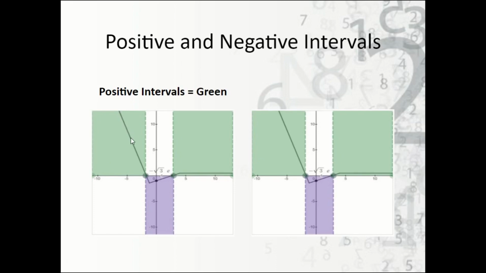Even though it's going downward, it's still above the x-axis. So up until this point right here, it's positive. Then once it hits this point, it starts to become negative all the way until it hits this point again. Once it hits this point, now it's positive again. The purple area would be considered the negative intervals, where it goes below the x-axis. So even though right here it changes direction and starts going back up, it's still negative until it reaches this point where it actually crosses the x-axis and starts to work above.